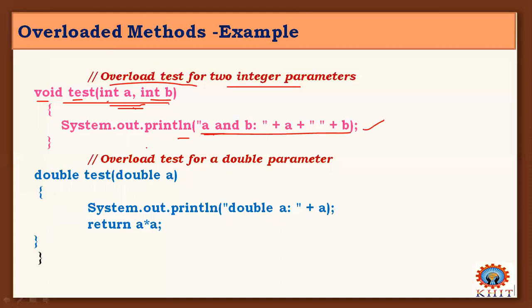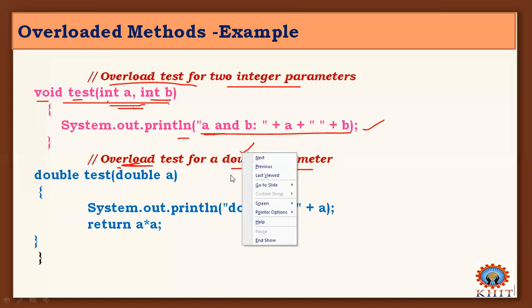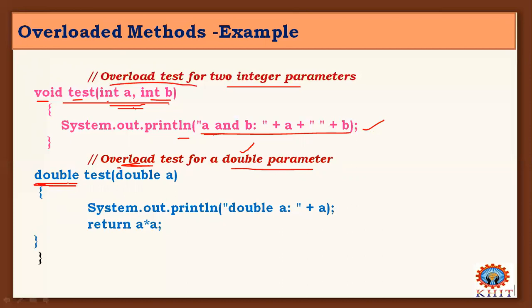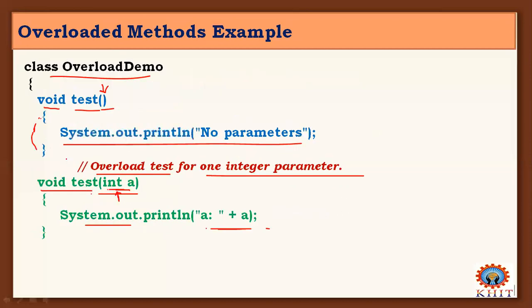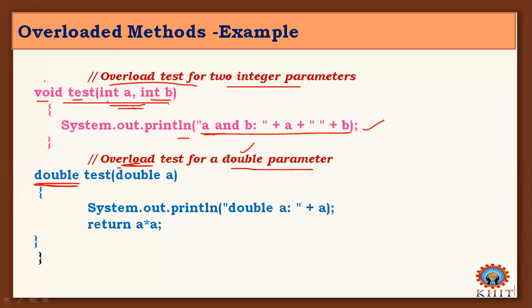Next, I am going to apply this overload concept once again for a double parameter. Double is the type of the parameter here, and the type of the method is double. Until now, all the overloaded methods we defined had void return types. But here this overloaded test method's return type is double.